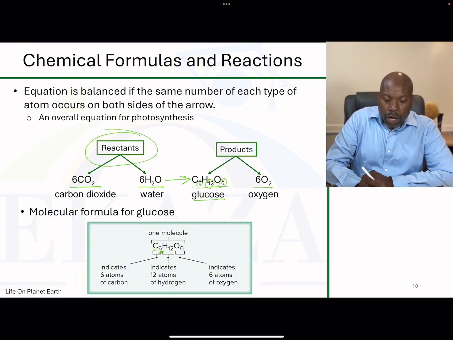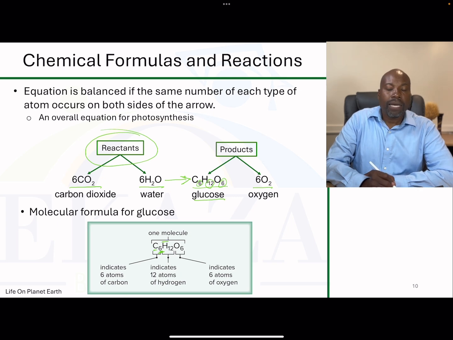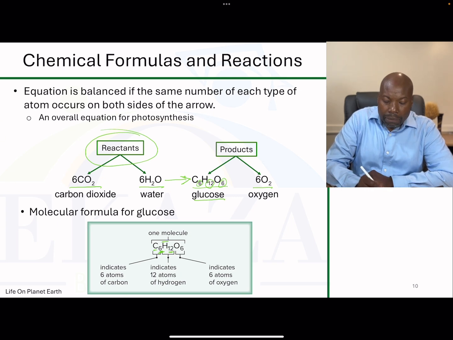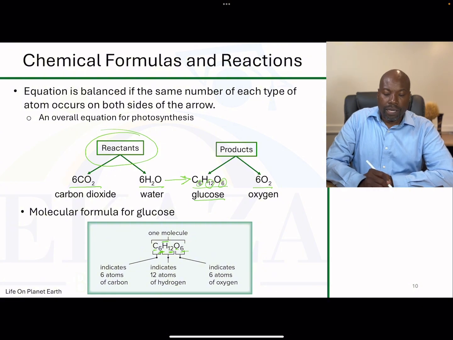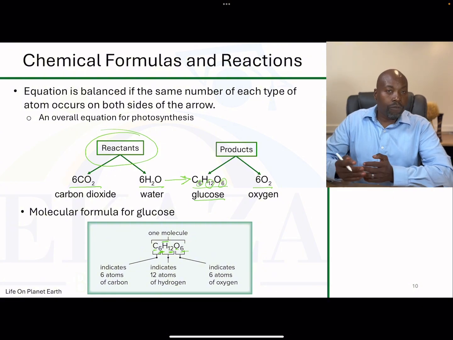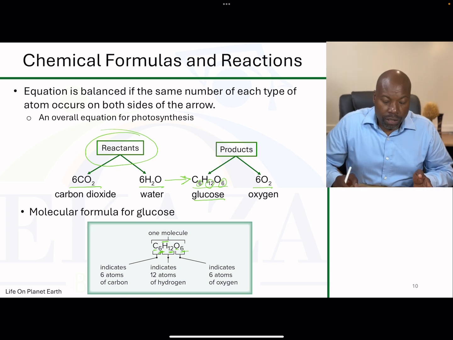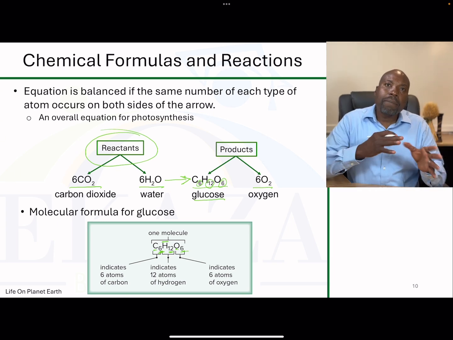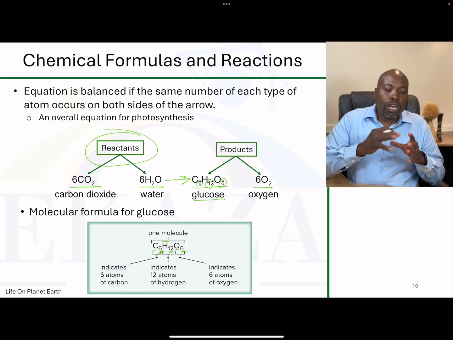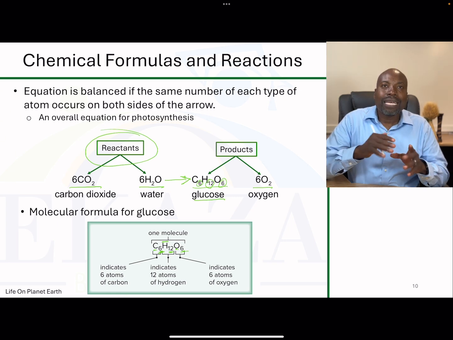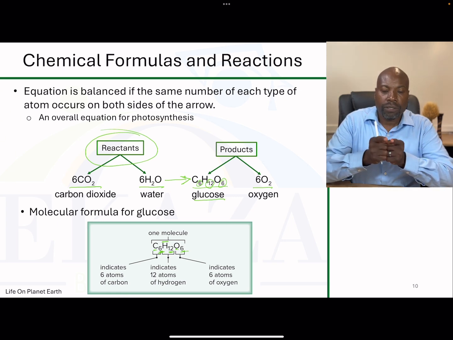The atom of hydrogen is represented 12 times, while the element oxygen is represented 6 times in this molecule of glucose, right? So the proportion of each of the elements in the structure of the molecule is very important, right?